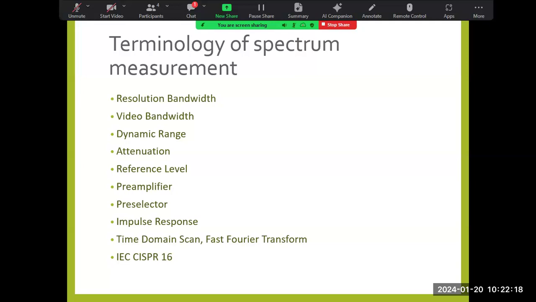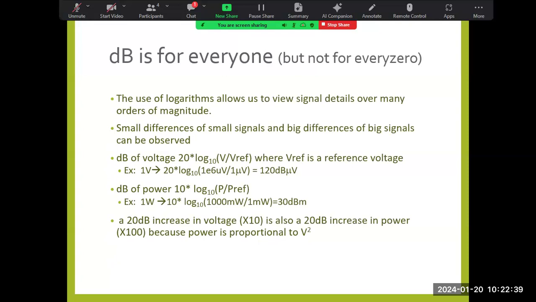Do you have a preselector in there? Oh, but impulse response. What's your impulse response? Have you done a time domain scan? What's your fast Fourier transform? And of course, CISPR 16, which has been updated since we wrote this.